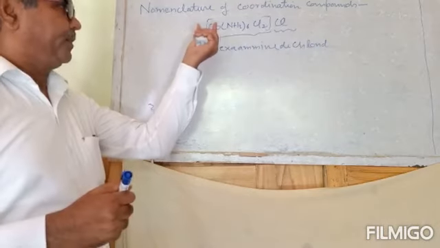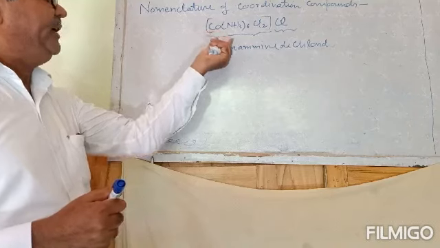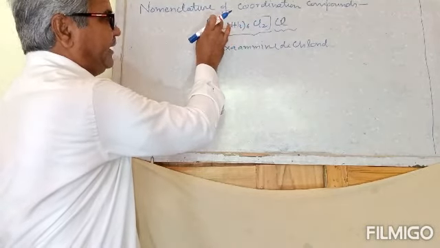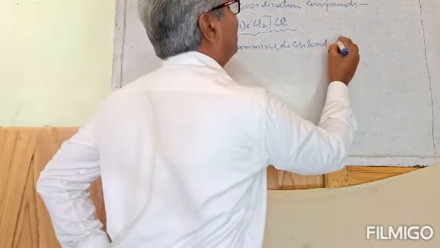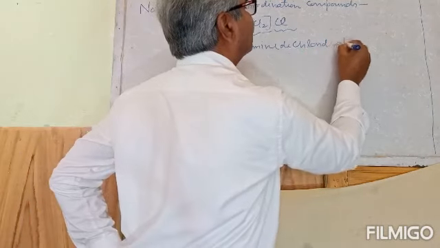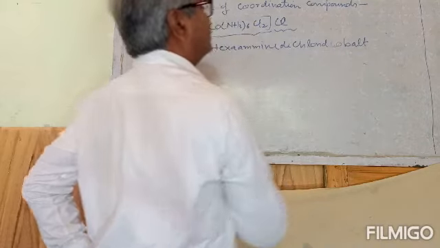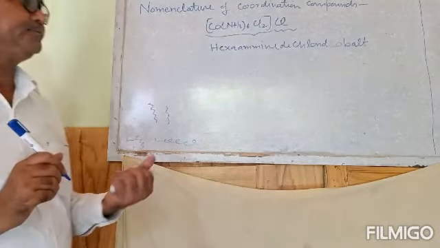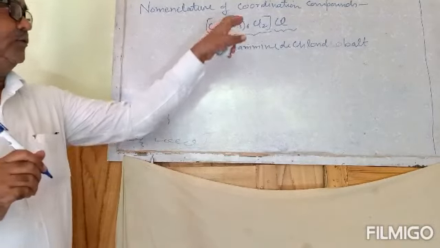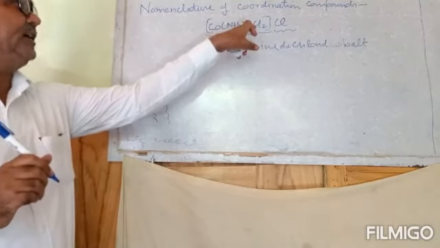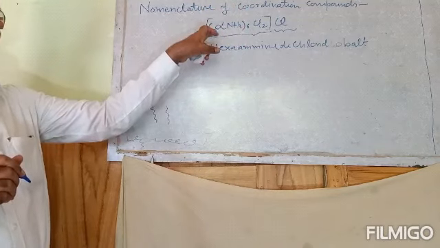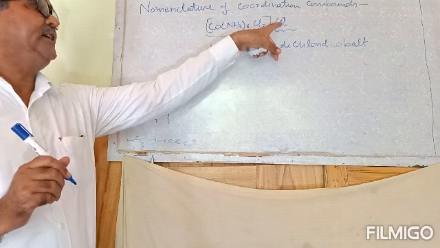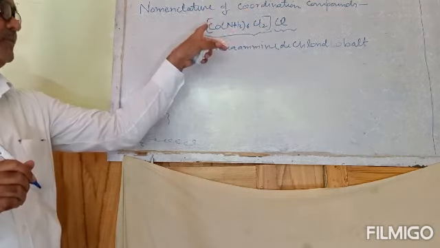Now, the central metal ion will be named. It is in the cationic part, therefore it will be named as such, cobalt. And now the oxidation state. 2 ions have coordinated with cobalt, and this is the counter ion which has only an ionic bond with cobalt.